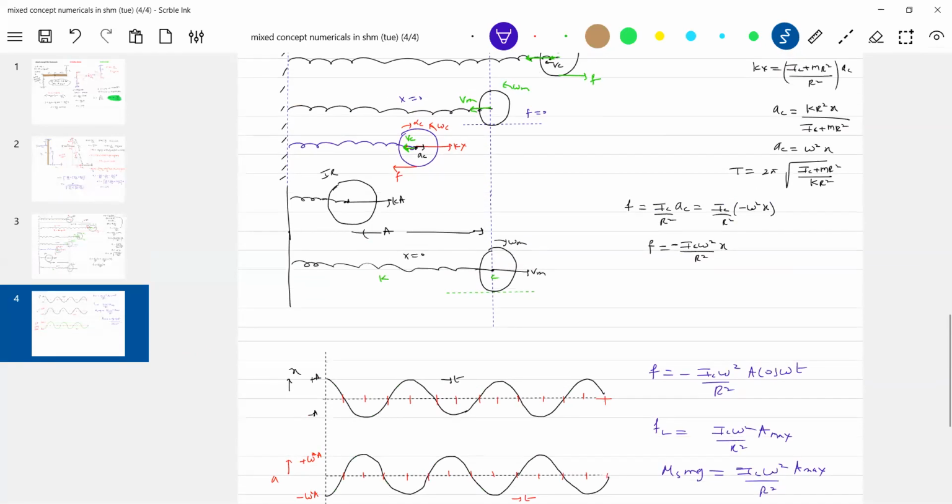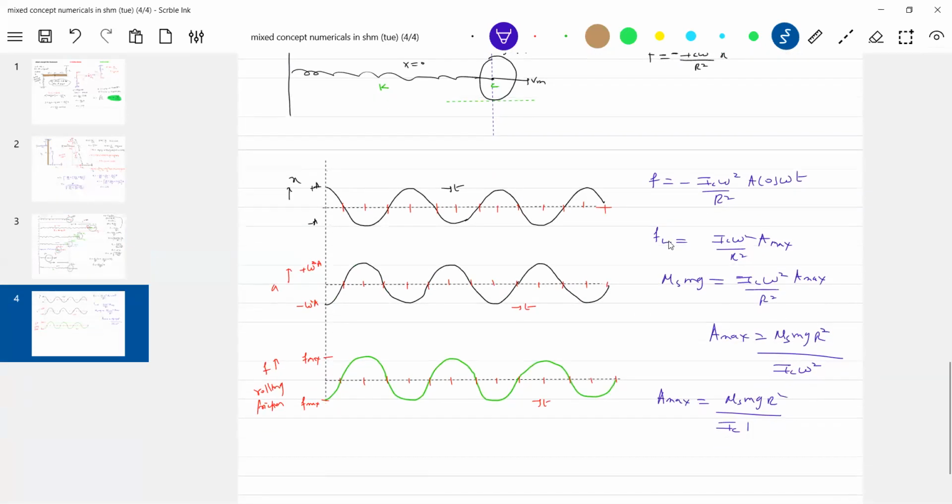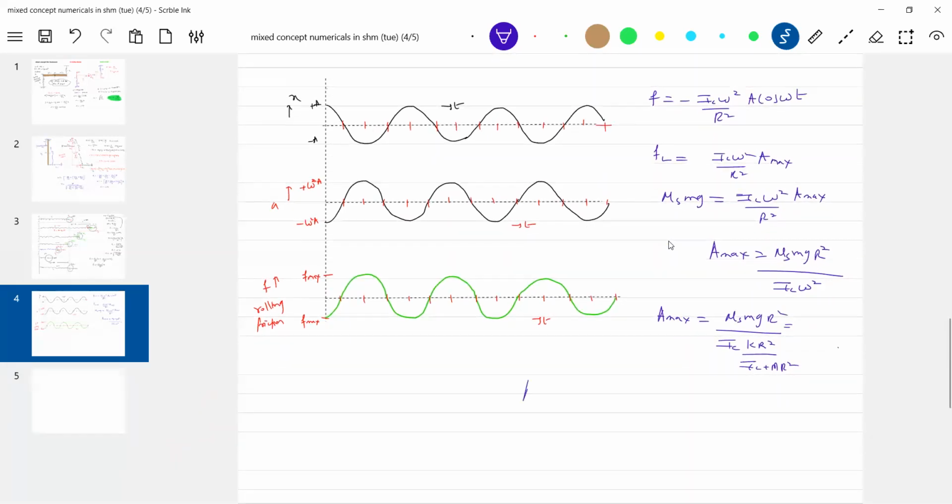Omega square will be k by m, r square gets cancelled. Okay, fine. This is the amplitude.